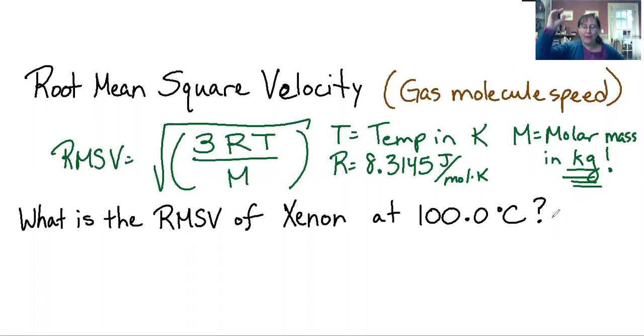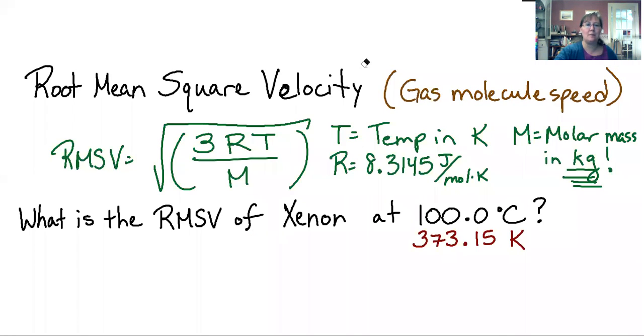How fast would xenon be traveling at 100 degrees C? First of all, let's think about what we need here. This 100 degrees C, 100 plus 273.15 becomes 373.15 kelvins.